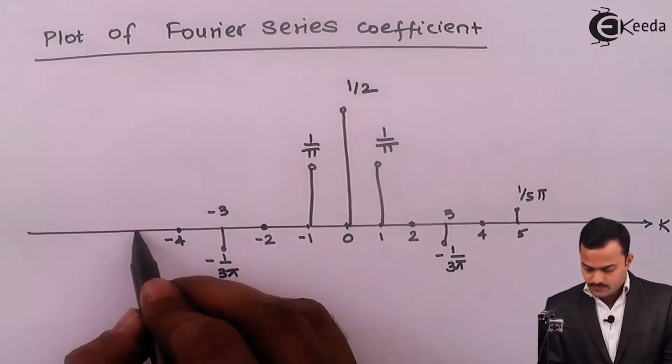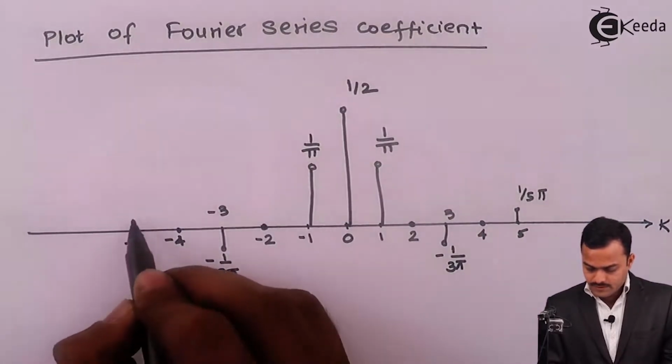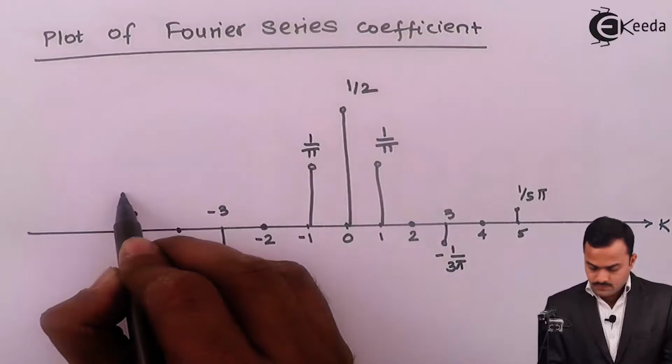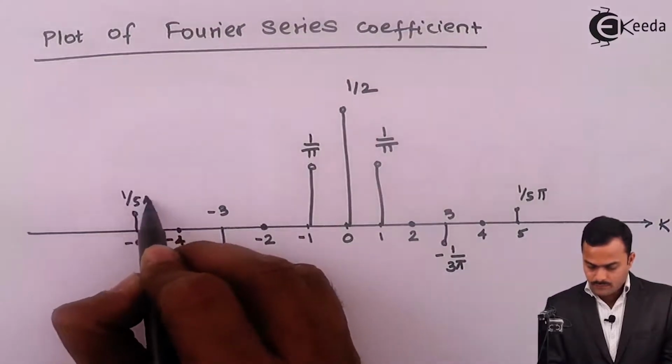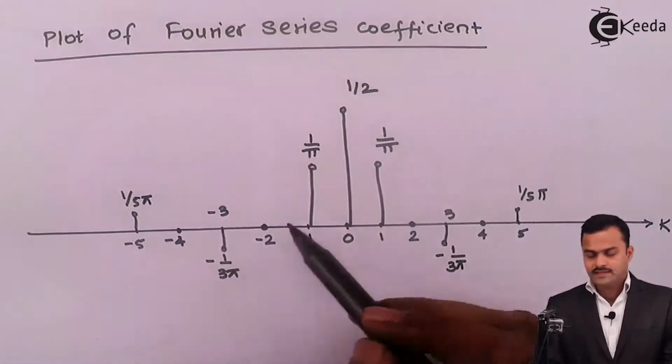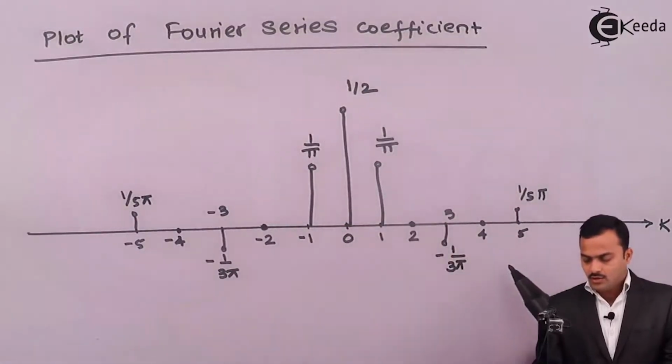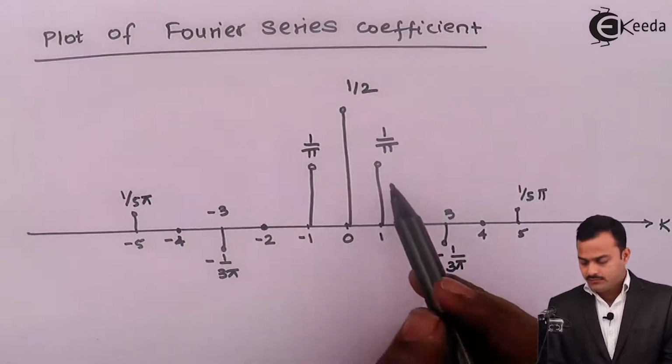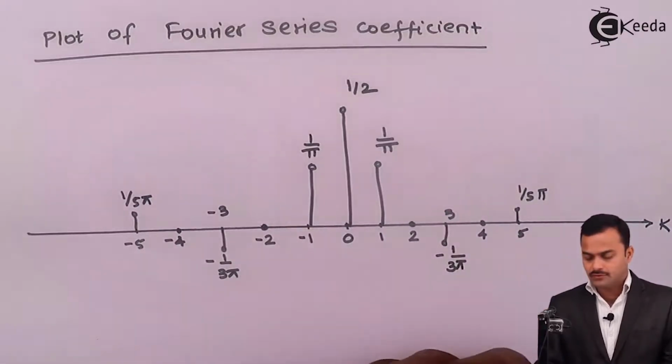Similarly for k equal to minus 5, it is 1 upon 5 pi. So for all odd numbers, you will get signals present, alternately plus and minus, the way we got for k equal to 3, k equal to 5.